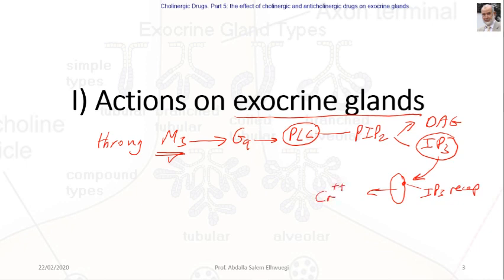Calcium will rush out into the cytoplasm, and this will cause excretion of glands. So this is generally how cholinergic drugs work: the increase in intracellular calcium results in secretion from the gland.